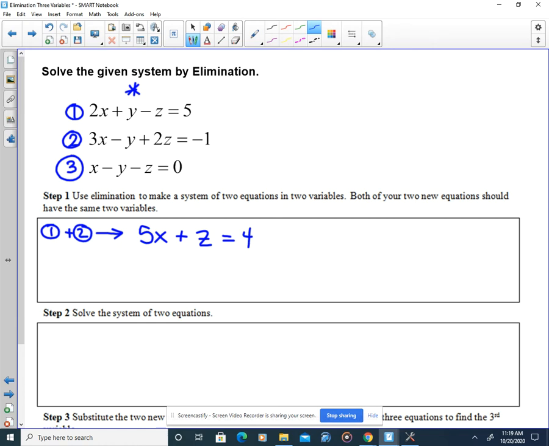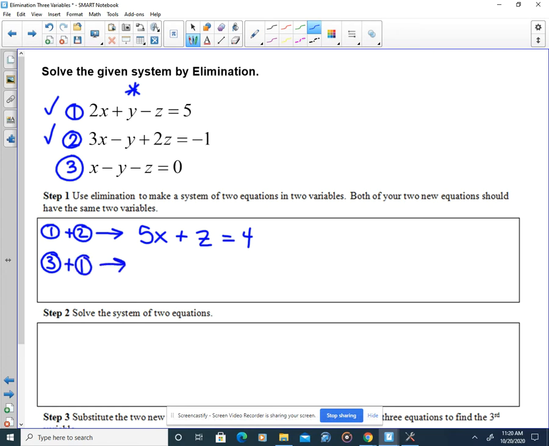Okay? So I used equation 1 and 2. I haven't used equation 3 yet. So that means I have to use equation 3. And I want to eliminate the y in equation 3. So what could I add to equation 3? I could add equation 1 to it.